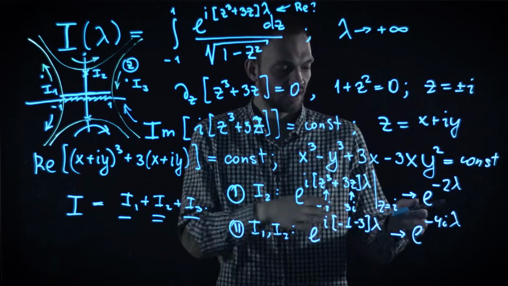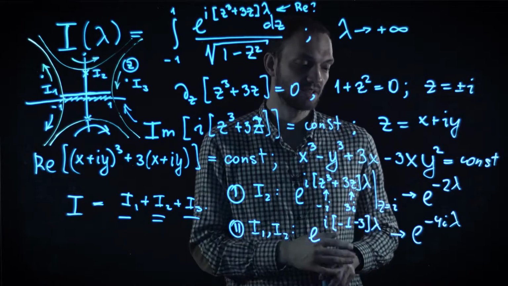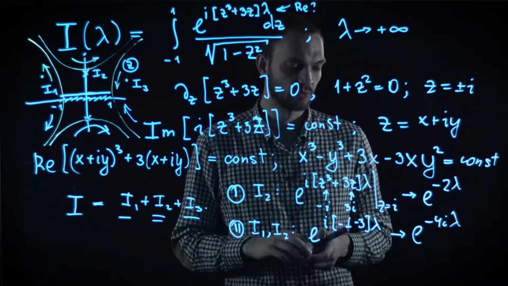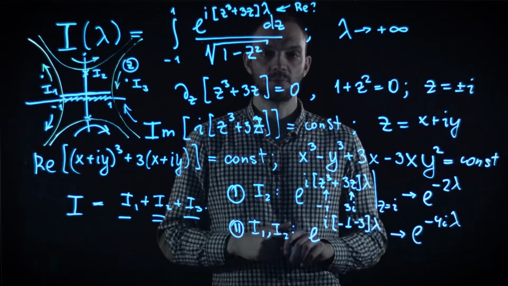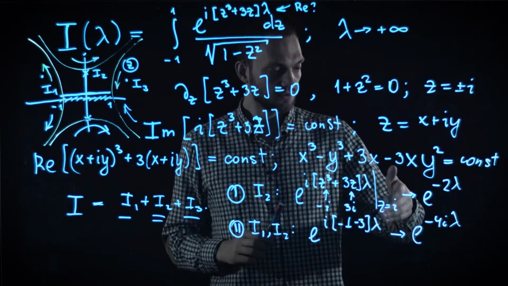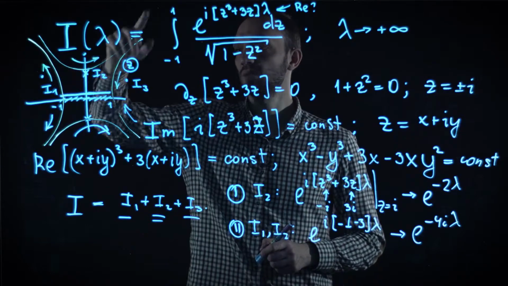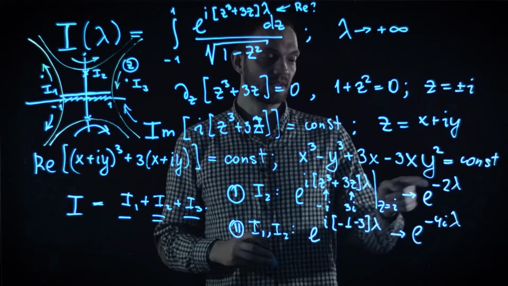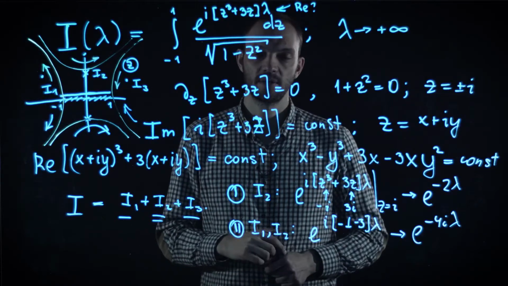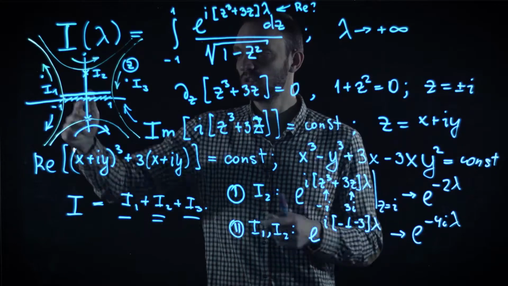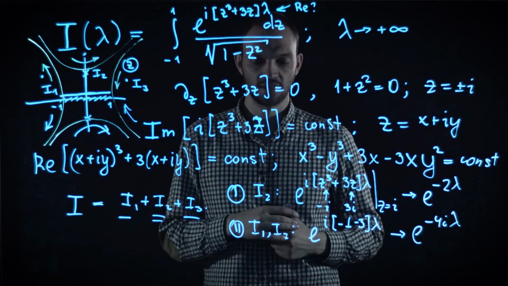Still, this is a function which depends very strongly on lambda, but this dependence is simply an oscillating one. And again, full evaluation along this line will give us some power law prefactor. But already on this level, we have to conclude that this segment, I2, contributes an exponentially small term, and this contributes something which doesn't have any exponential smallness. So obviously, we need to concentrate on evaluation of these two segments. So let's proceed with that.